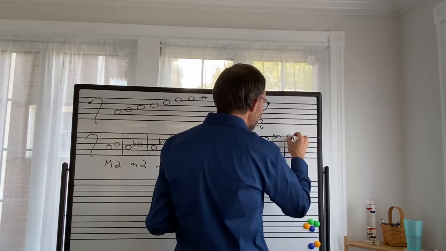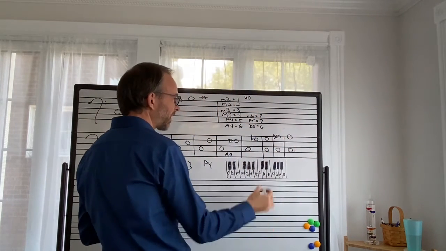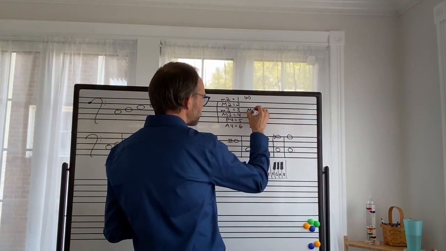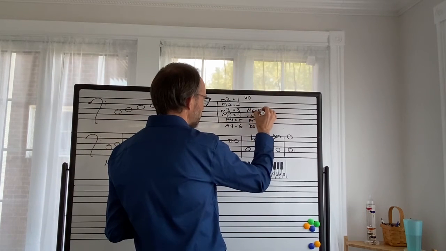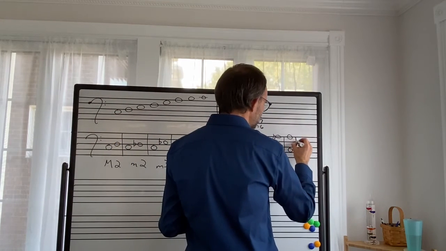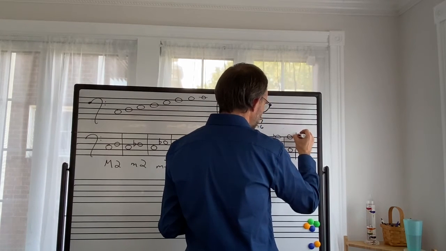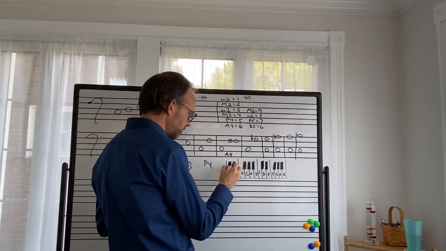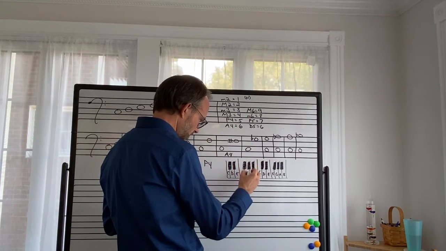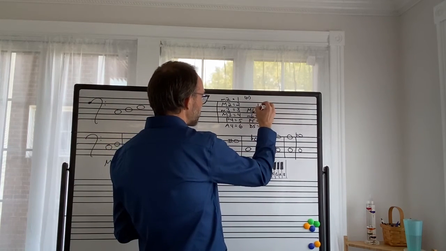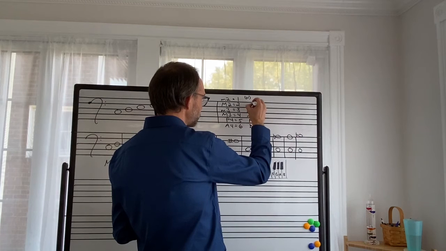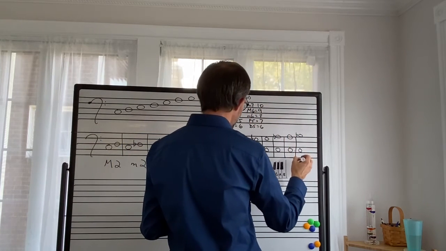C to A will be the major sixth. That's going to be one more half step, 9. Almost done. C, D flat. 1, 2, 3, 4, 5, 6, 7, 8, 9, 10. Gives us 10 half steps. Minor 7.